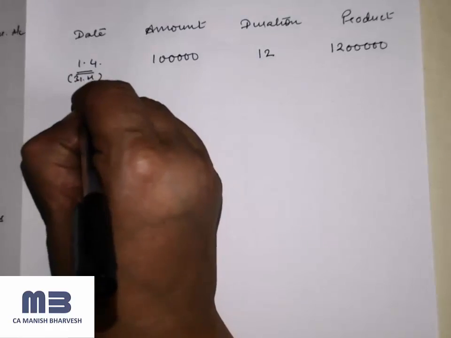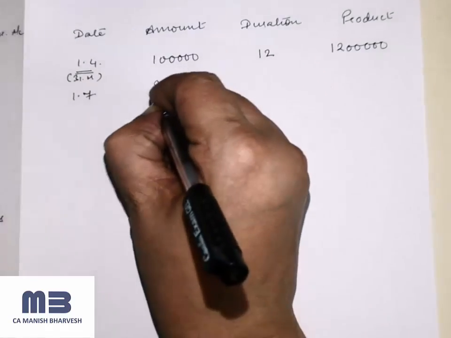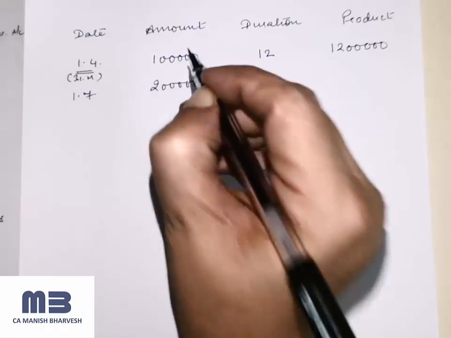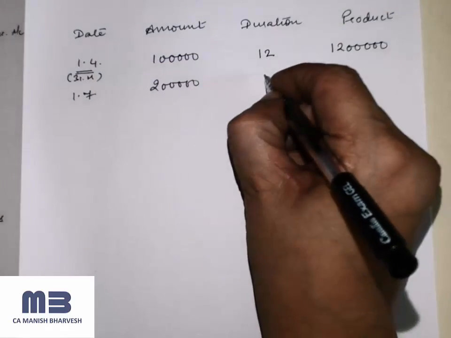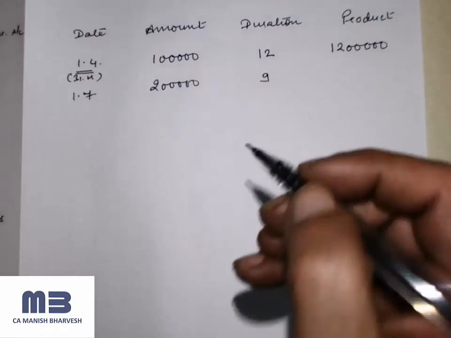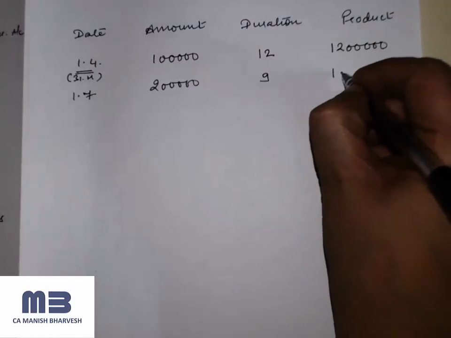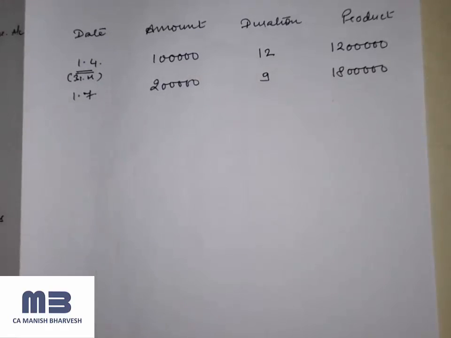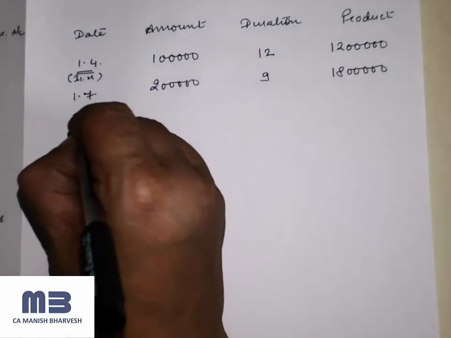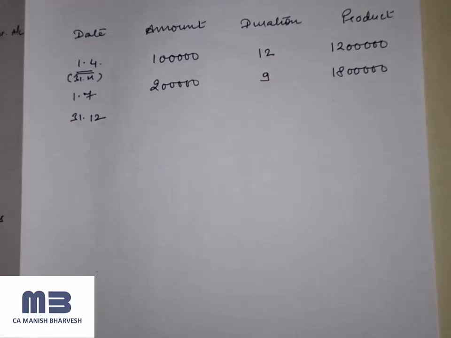Second date was 1st July. Amount was 2 lakh. From 1st July to 31st March, it comes to a duration of 9 months. So 2 lakh into 9, product is going to be 18 lakh. Next date was 31st of December. Since it's 31st of December, we are not going to count December.